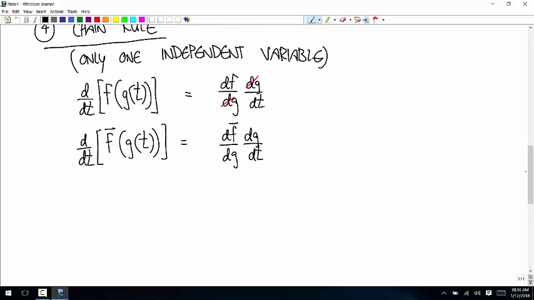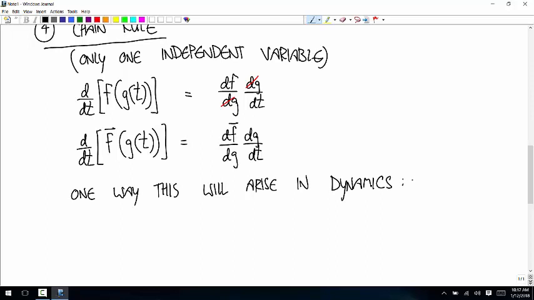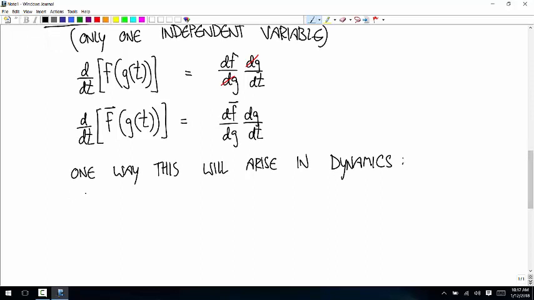One way that we're going to use this a lot, one way this will arise in dynamics: we know that the acceleration is the time derivative of the velocity.